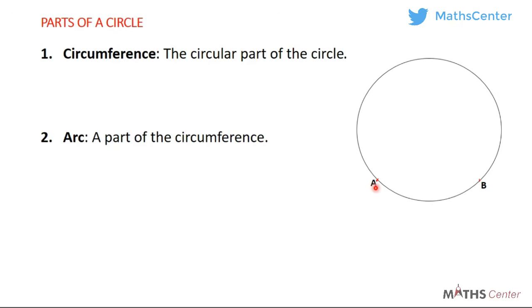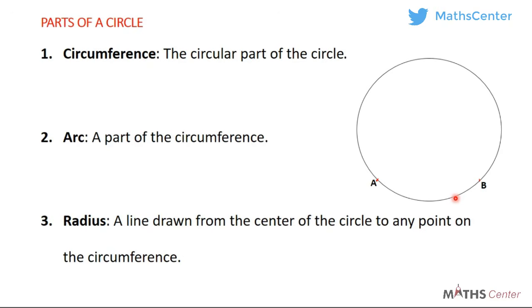So here we have the major arc and the minor arc. The minor arc is this smaller arc here from A through this path to B. The major arc is this bigger part from A through this path to B. So if you take a part of the circumference, we say that you have an arc.